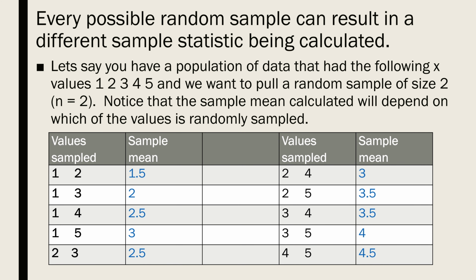Let's say you have a population of data that had the following x values 1, 2, 3, 4, 5, and we want to pull a random sample of size 2. Notice that the sample mean calculated will depend on which of the values is randomly sampled.